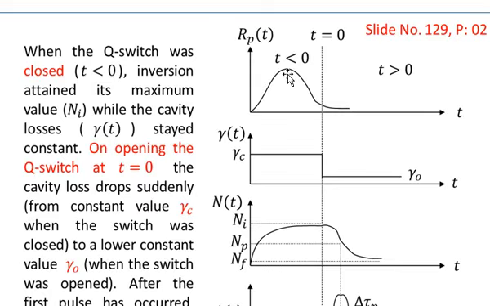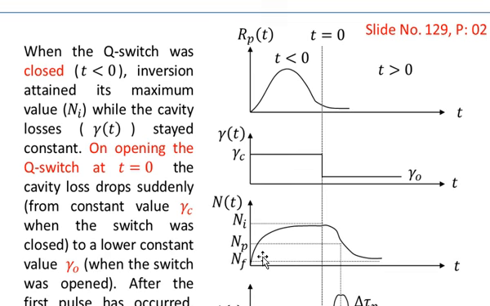So here is the peak, and the corresponding value to the peak is over here. And you see that the ni value is slightly greater than the value corresponding to the peak of the pump pulse. So this is the value where the inversion stays constant because the pump rate still exists, though it falls to zero.